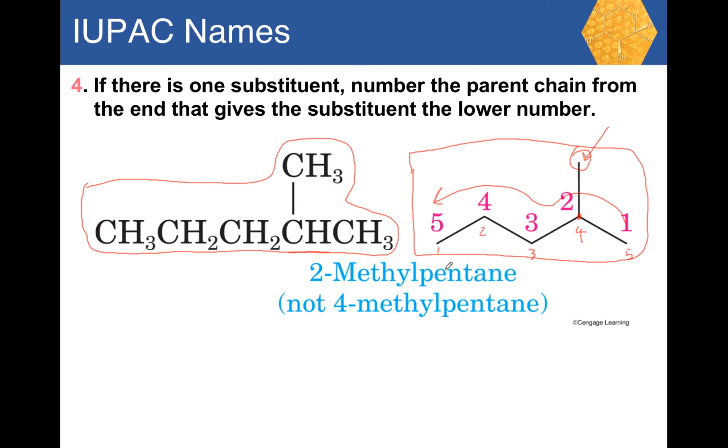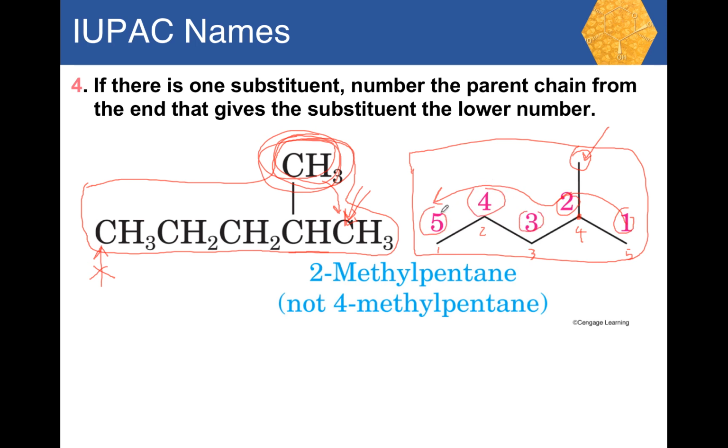So once again, if there's a branch, start numbering at the end closest to the branch. So you do not start here, don't start here, but you start over here. Why? Because this branch is closest to that starting point. So the numbering will be 1, 2, 3, 4, and 5.